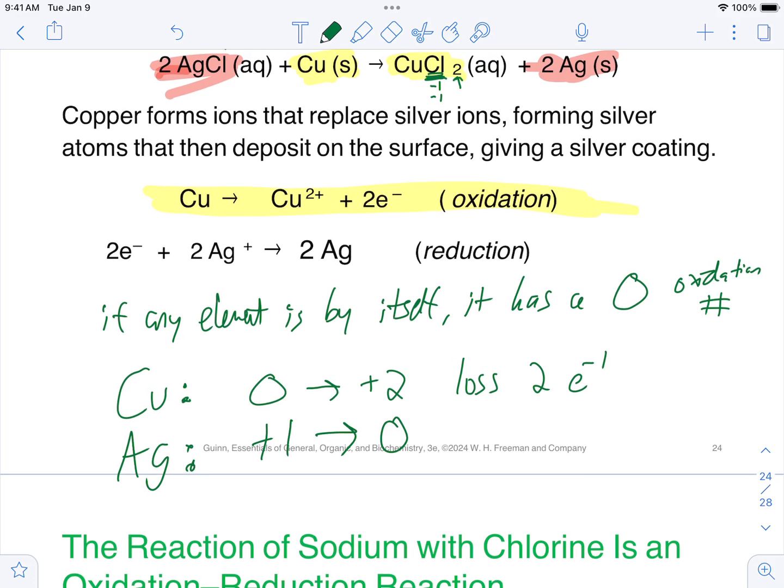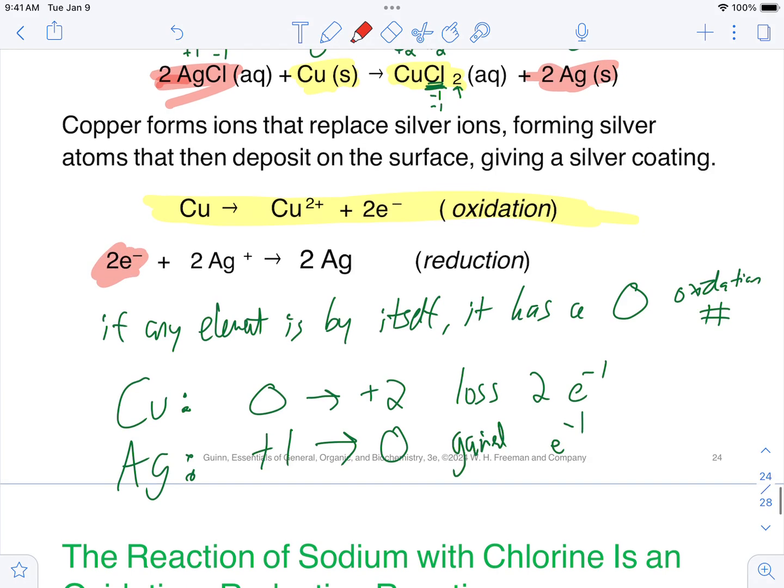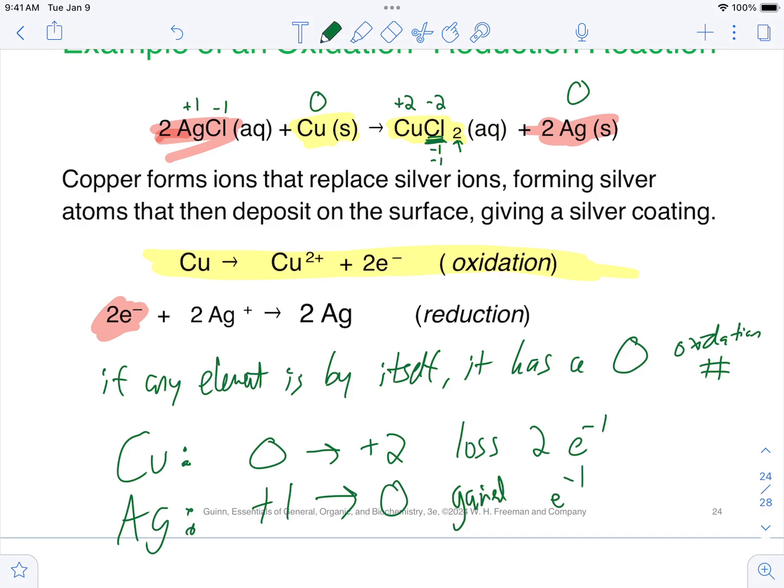So it became more negative. So it gained an electron. Now, why is there a 2 electrons here? That's because of the coefficient of a 2 up here. We know gain of electrons is called reduction. Again, you will never have one without the other.